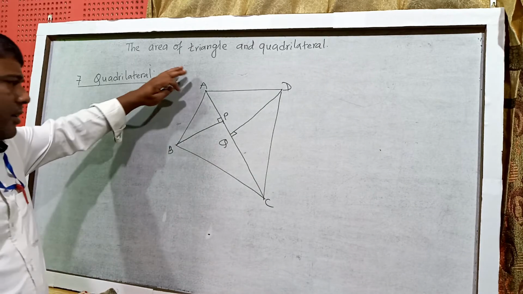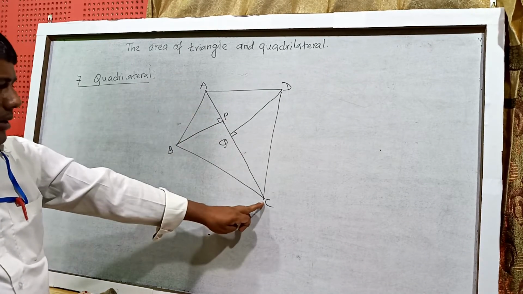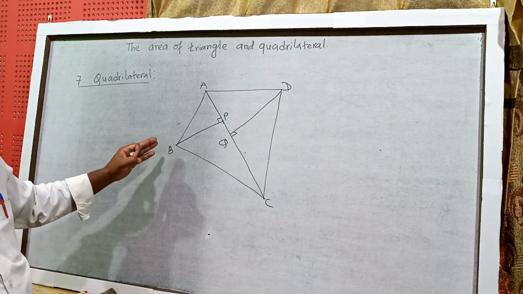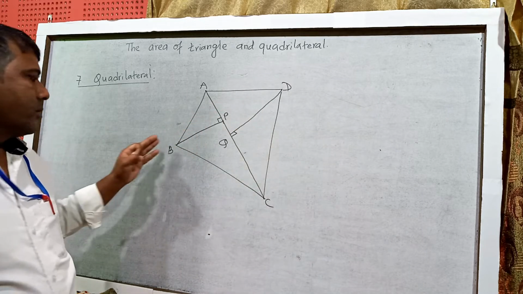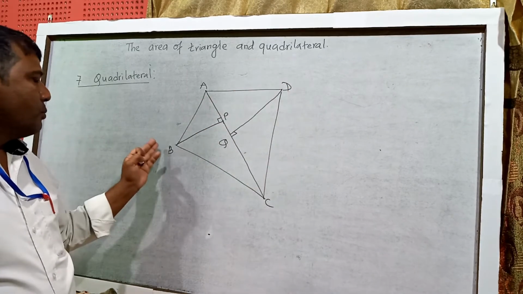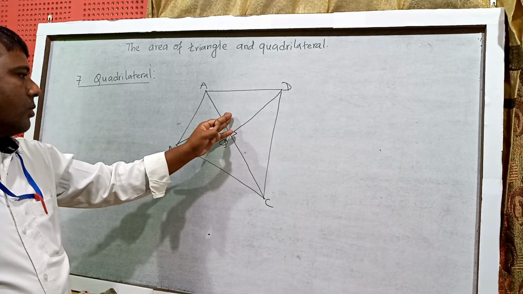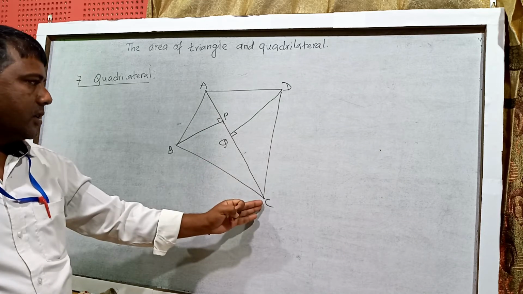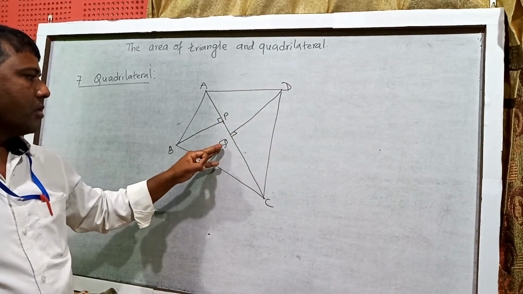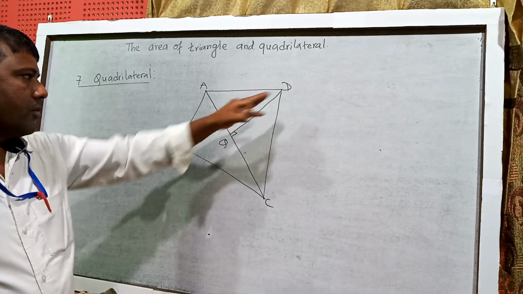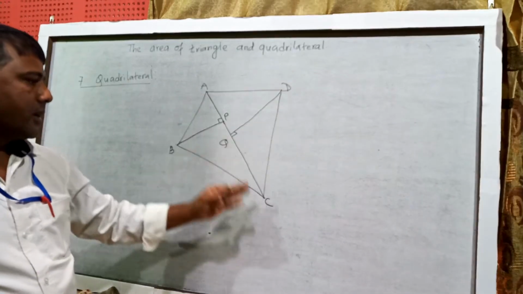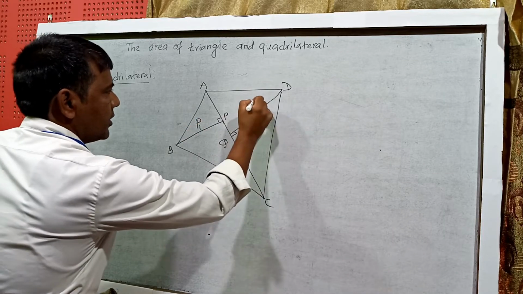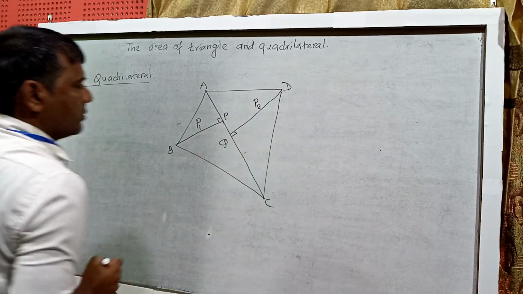In this quadrilateral, AC is a diagonal, and on this diagonal two perpendiculars are drawn from the other two vertices, B and D. BP is one perpendicular drawn from the vertex B to the diagonal AC, and DQ is another perpendicular drawn from the vertex D. Suppose the first perpendicular is P1 and the second is P2.